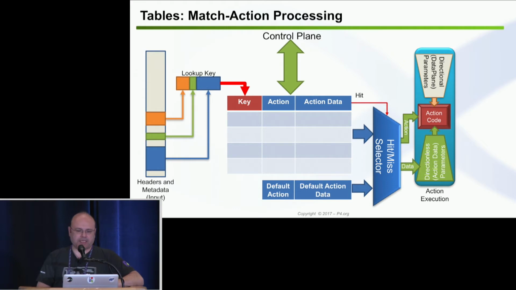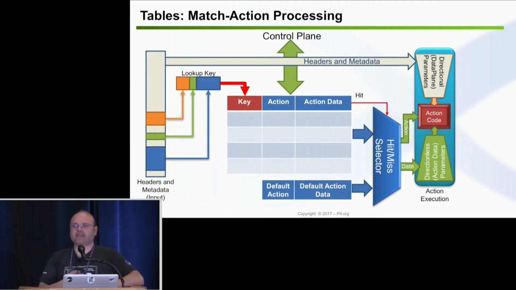I put them in different colors. They kind of look the same, but they really aren't. So one set is the data that came from the table itself. And I colored it green because it was the control plane that provided those arguments. And also, all the headers and metadata that you have in your program are also available to perform the actions.